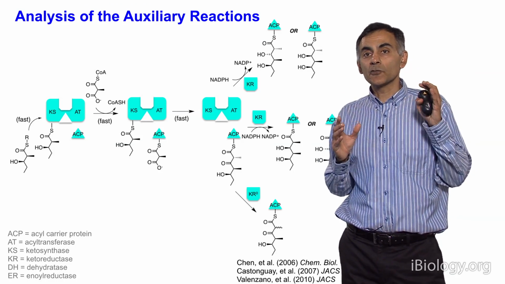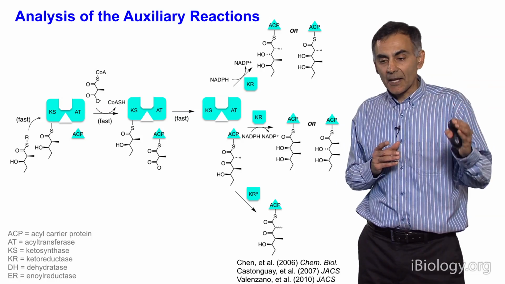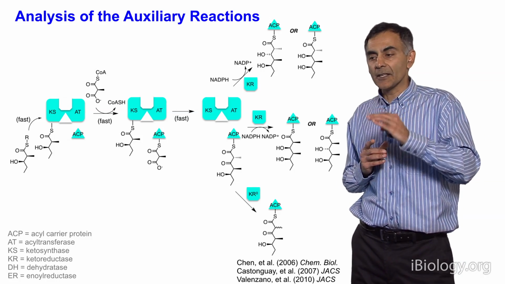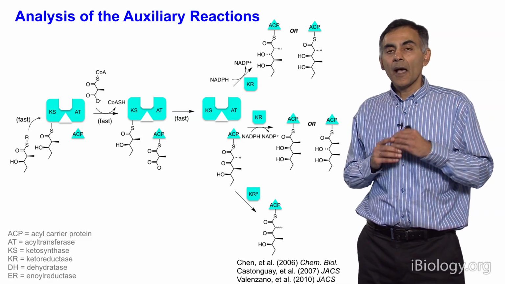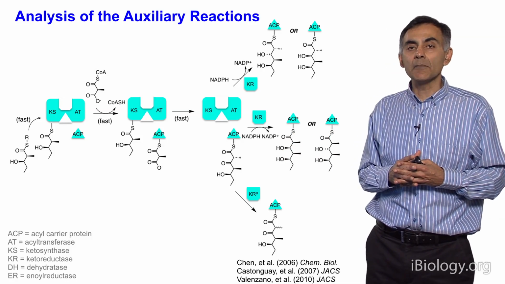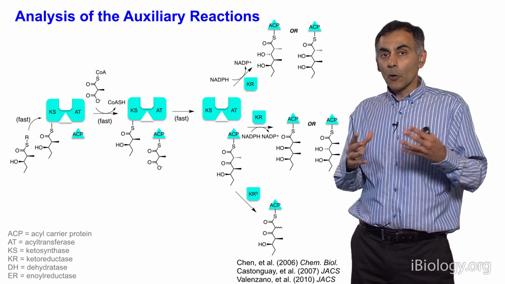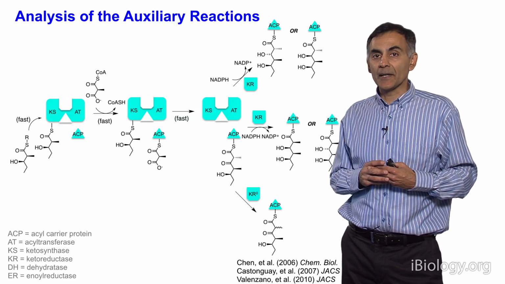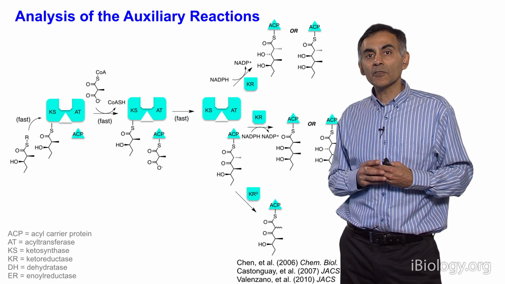In addition to those core reactions, chain translocation, chain elongation, and acyl transfer, I mentioned there are auxiliary reactions which I lumped under chain modification. Those reactions include ketoreductase types of chemistries.